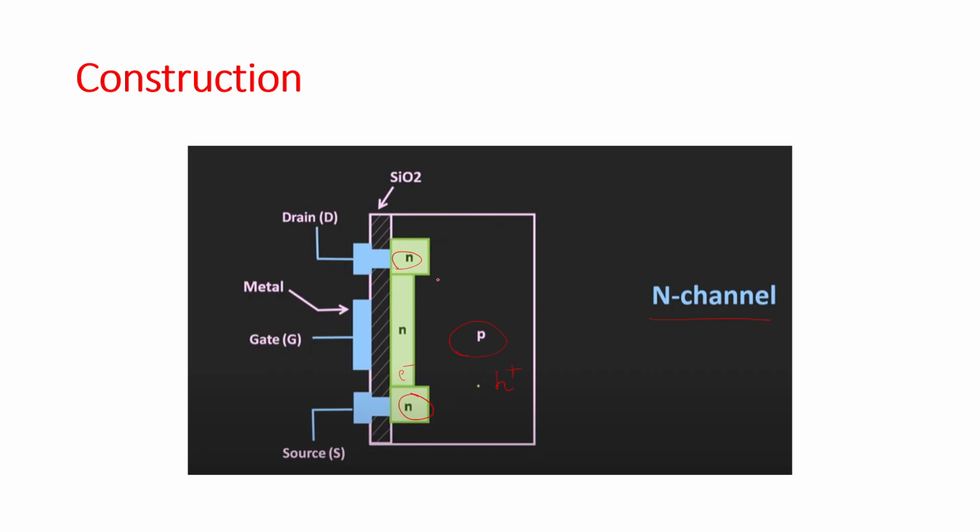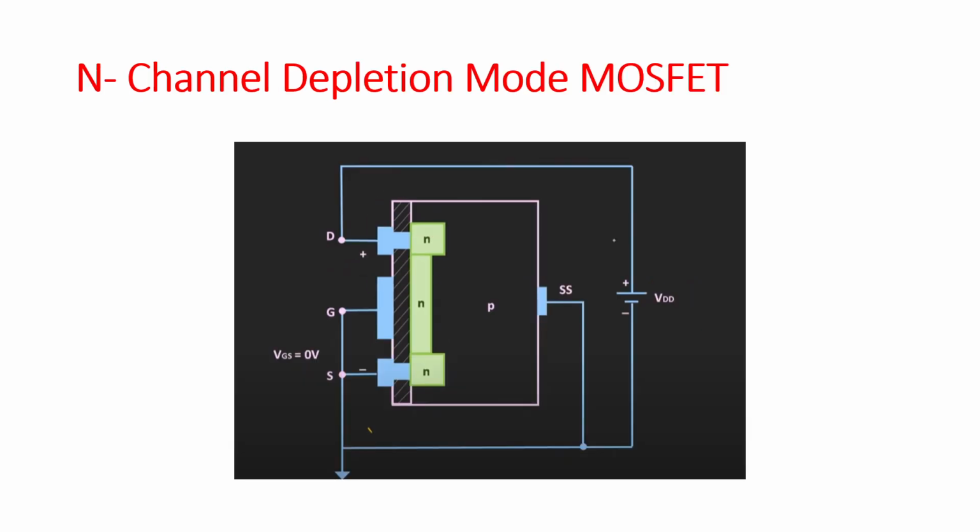So we'll see the working of N-channel depletion mode MOSFET, and we use VGS and VDS, the voltage between gate and source and voltage between drain and source. So in enhancement, even though the VGS equal to 0, if you apply VDS, the current ID is 0, because there is no channel between source and drain.